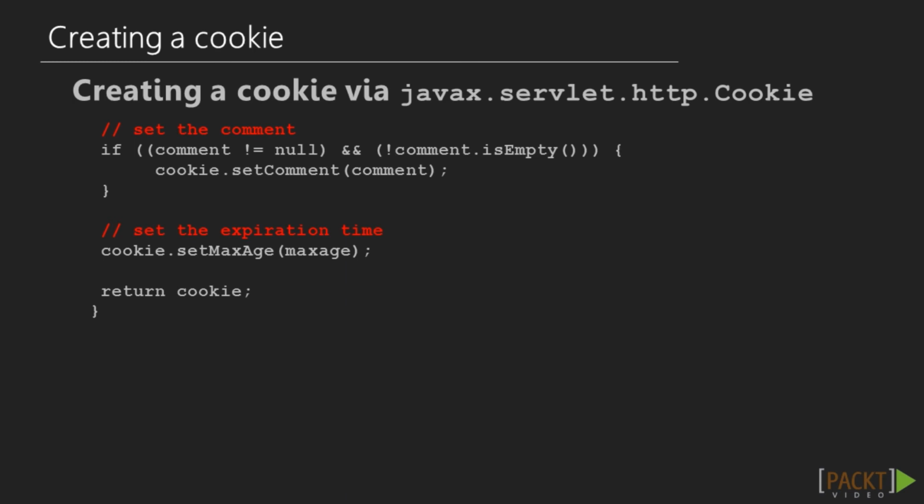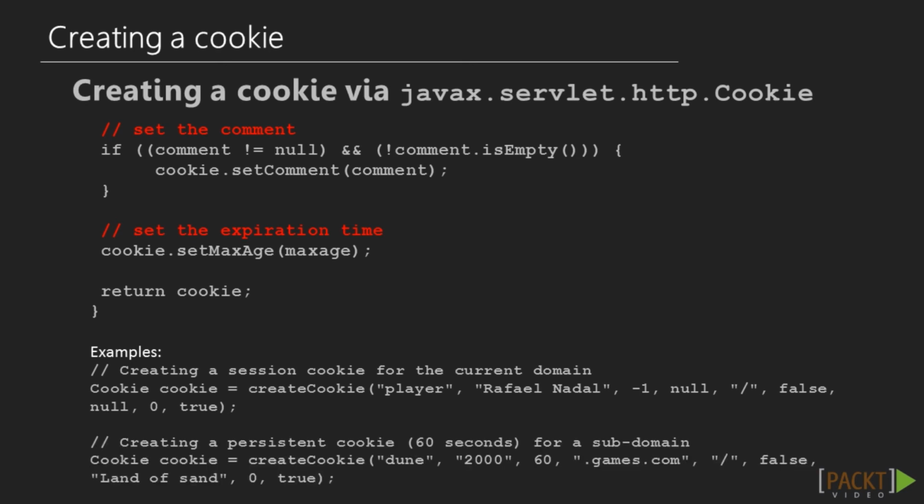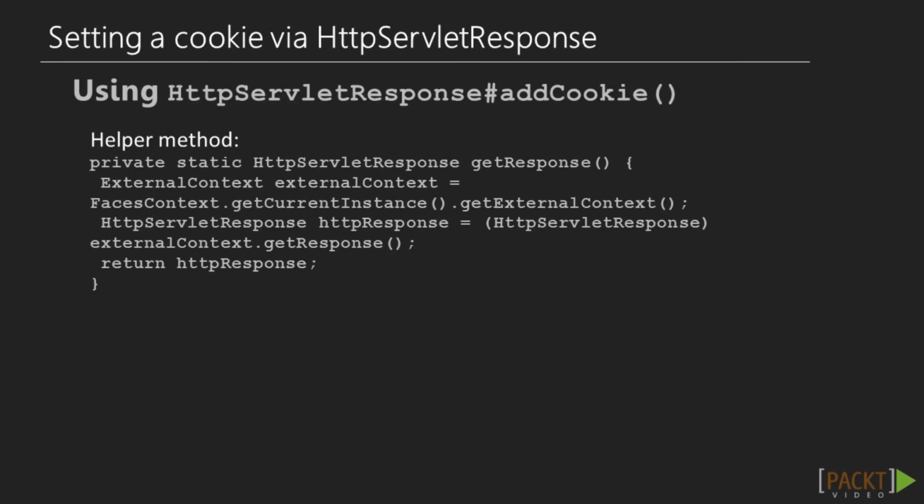Okay, so now we can use this helper method to create different kinds of cookies. For example, we can create a session cookie for the current domain or a persistent cookie for a subdomain. So we can use our helper method to create some cookies.